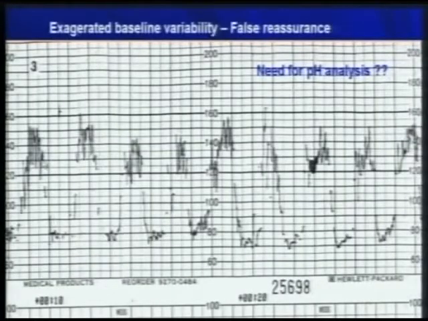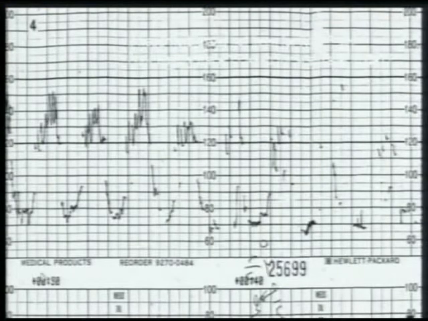This is 10 minutes later, and if it is a saltatory variability, that means over 25, that suggests the baby's autonomic nervous system is struggling, and that is indicative of hypoxia. So by this time, about 5 points of pH would have dropped, and here 10 points of pH, here 15 points, and here 30 points. So the pH started at 7.25, it will be 6.95 by this time.